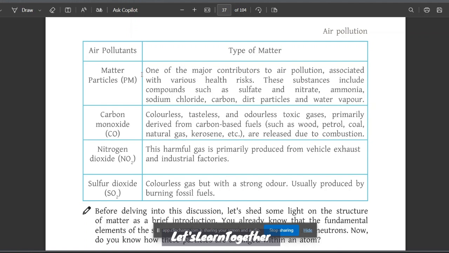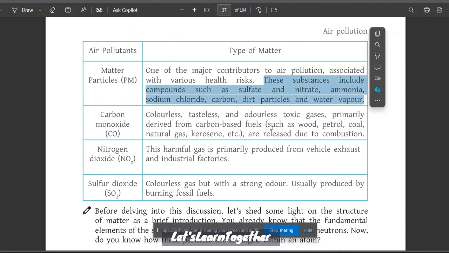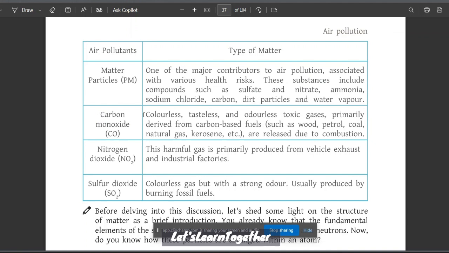That means this is one of the biggest contributors, or holds the most responsibility for air pollution, and it poses a lot of health risks. These substances include compounds such as sulfate and nitrate, ammonia, sodium chloride, carbon, dust particles, and water vapor. So these are the substances that are known as particulate matter.